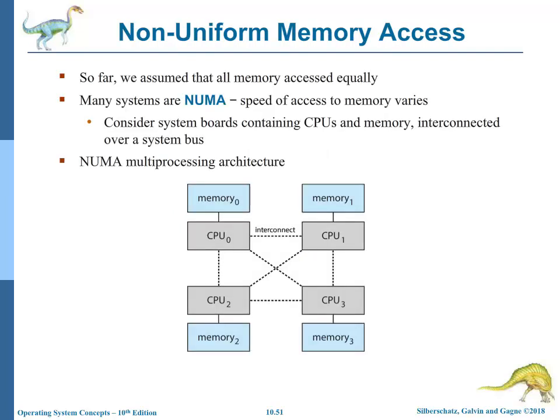Many multiprocessor systems have multiple system boards, each with multiple CPUs and some primary memory. This usually means the CPU can access the memory on its own system board more quickly than the memory on other boards. This is non-uniform memory access, NUMA.